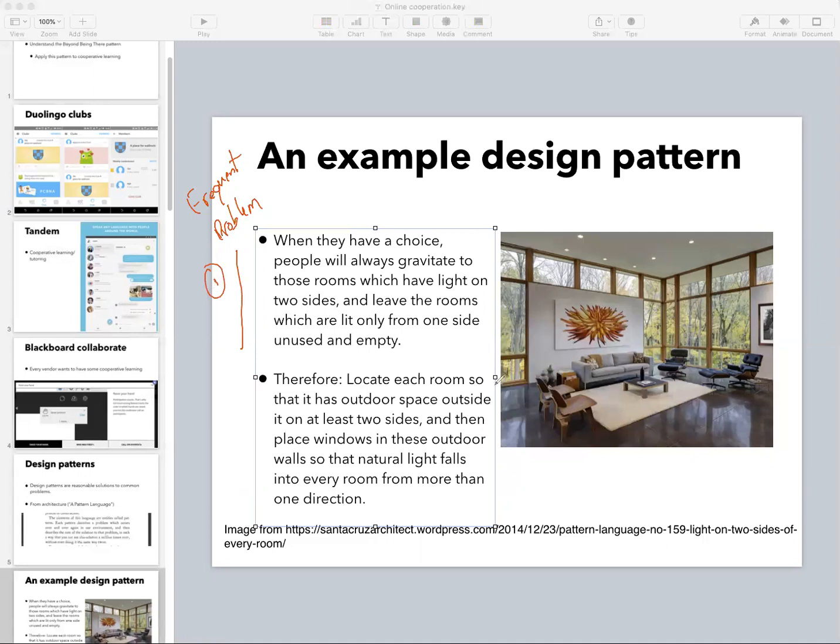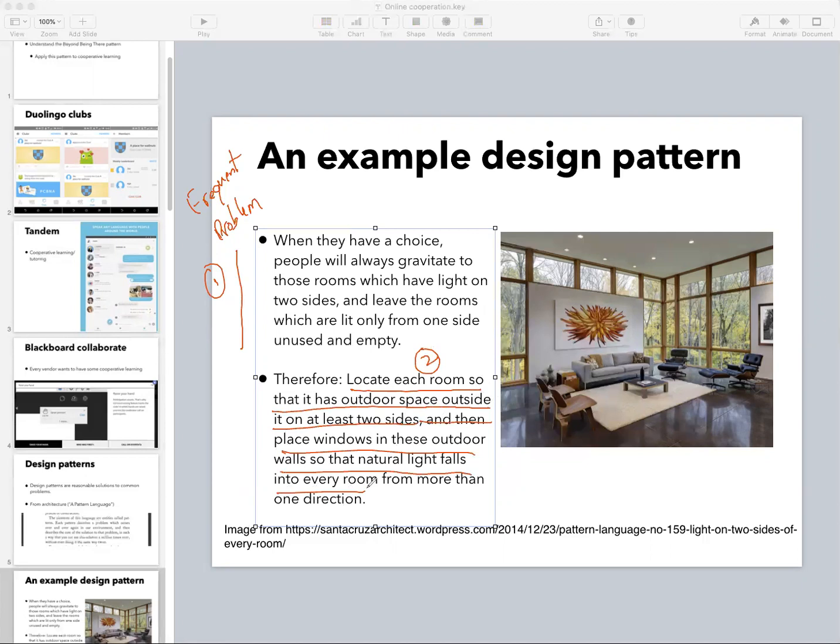That is part one. Part two is the core of the solution. The core of the solution in this case is to locate each room so it has outdoor space outside it on at least two sides. Now you can place the windows on both sides so that natural light falls into every room.